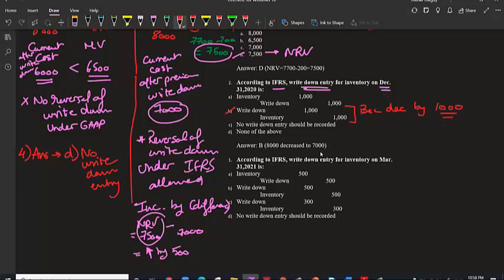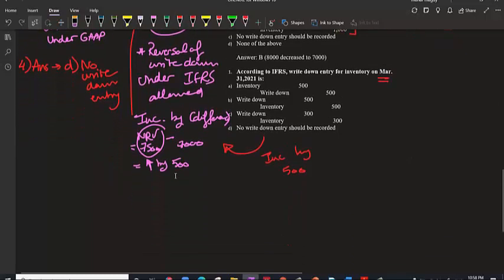While on March 31st, 2021 it increased by 500, so we're going to make the opposite entry. You're going to reverse it. Here you're going to debit inventory and credit write down by 500.